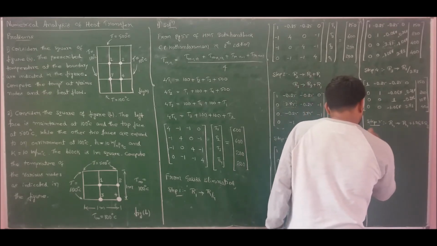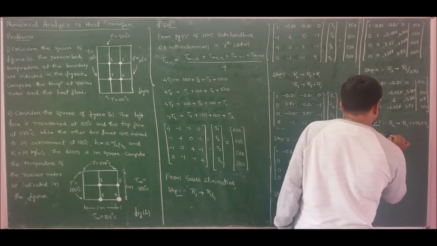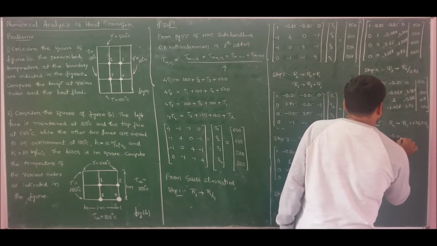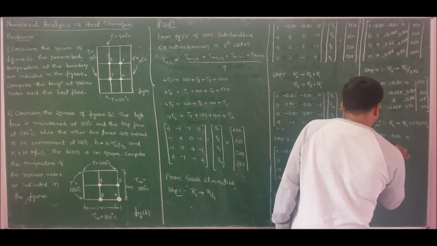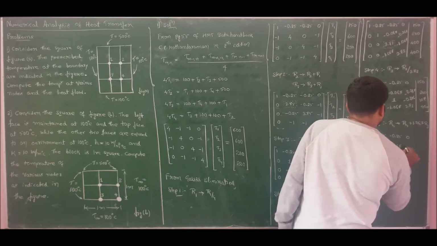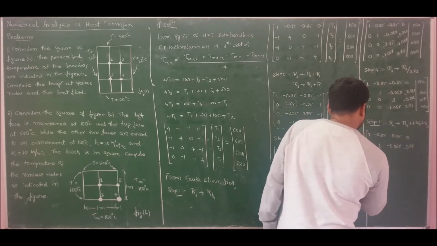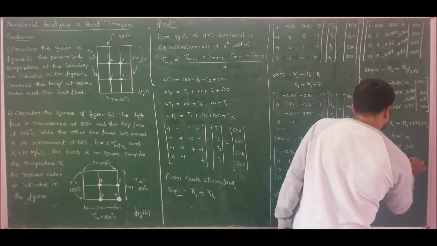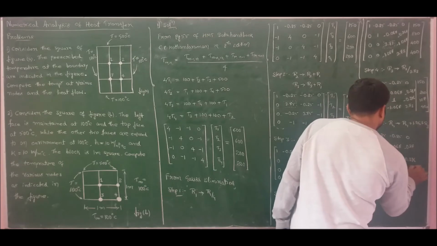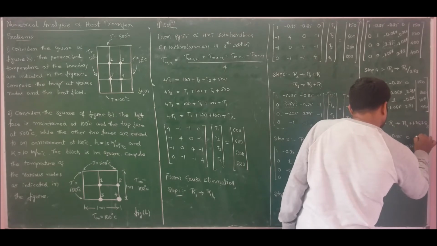So the final matrix I am going to get is 1, minus 0.25, minus 0.25, 0; 0, 1, minus 0.067, minus 0.267; 0, 0, 1, minus 0.286; 0, 0, and this will also become 0.